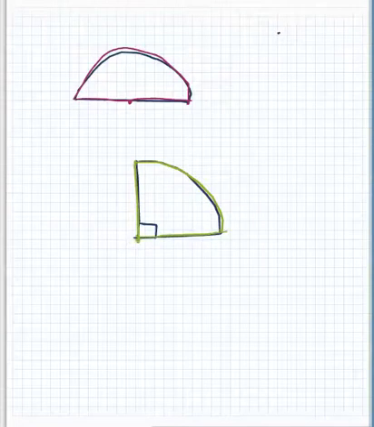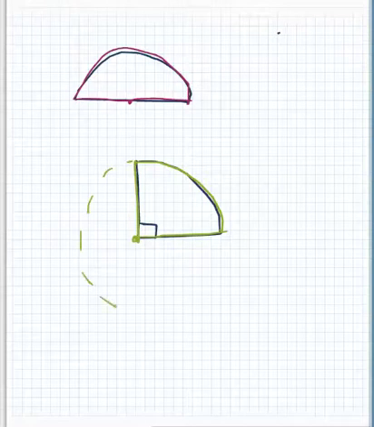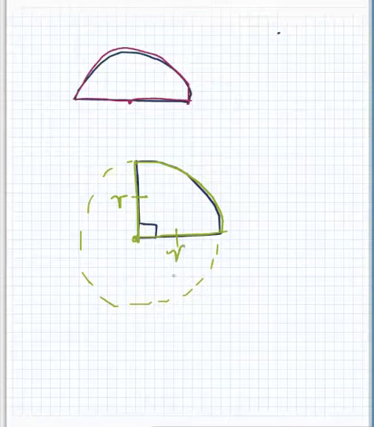Now, this is the center of the circle. So if I drew my whole circle, no, it's not accurate, but as best as I could, we can see that these two lines are actually the same length, and it is the radius, okay? And we know that we can have many more than one radius and also diameters.